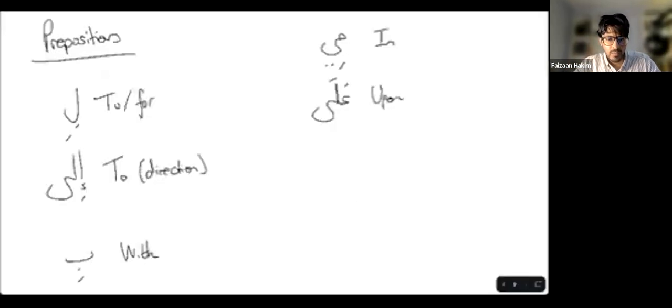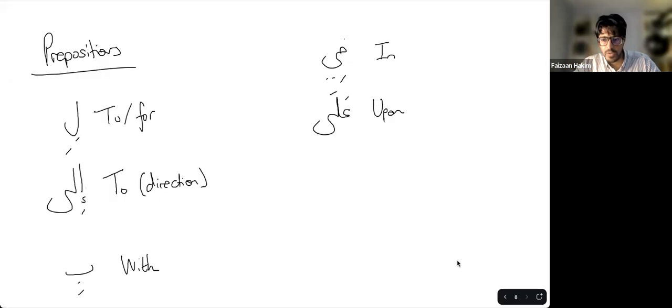And let me remind myself, what else do we have here? We have a few more like hatta, that we can maybe leave out for now. We have min and an and ma'a. Let me give you those then.